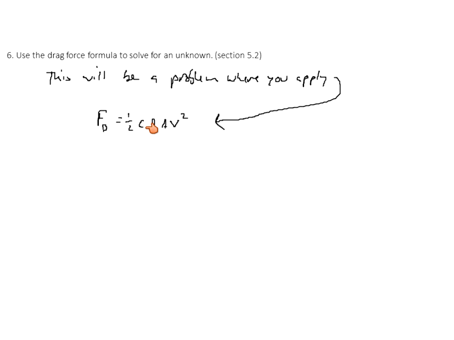I could also ask you, and this will be the last one I'll talk about, and then I'll finish the rest the next time we're together on video. But I could say, how does FD change if you double velocity, if you double cross-sectional area?